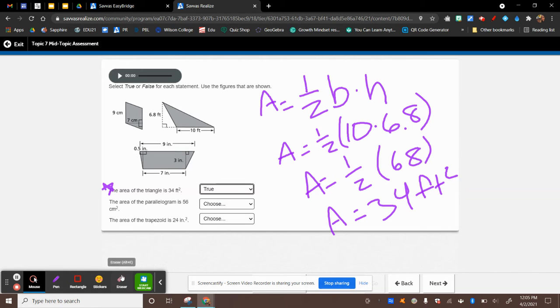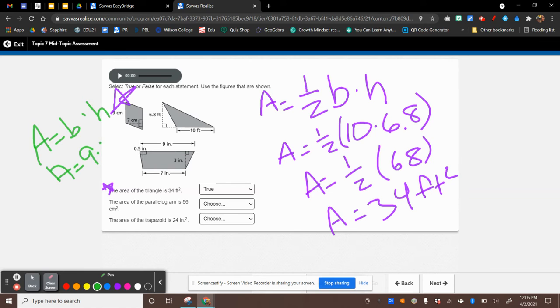Now I want to go to the area of the parallelogram is 56. Which is the parallelogram? Well, the parallelogram is this four-sided figure right here. Let me pick a different color. We'll do green. Area of a parallelogram is base times height. My base is 9.